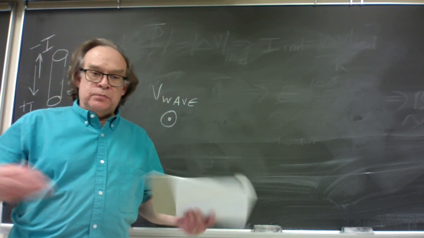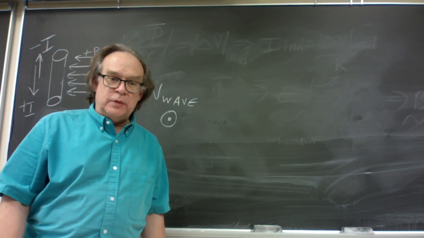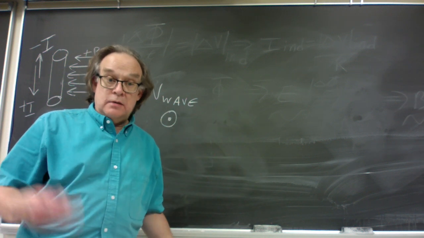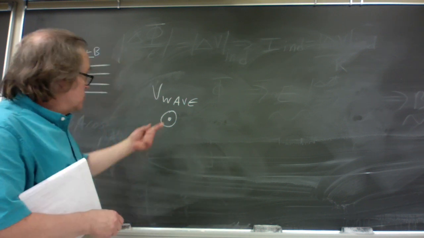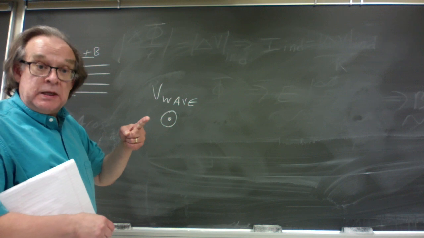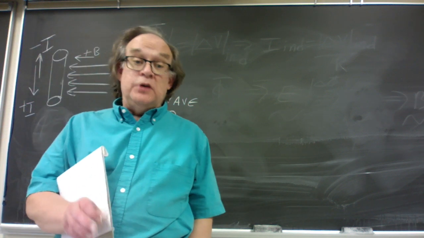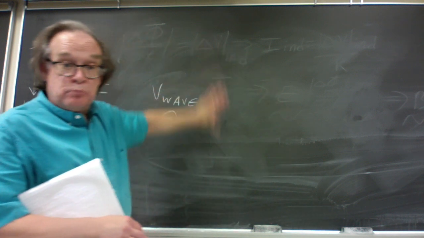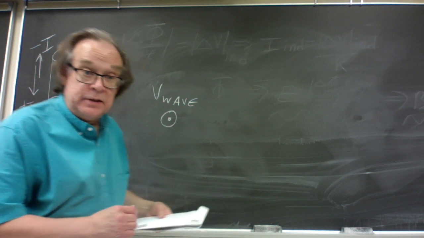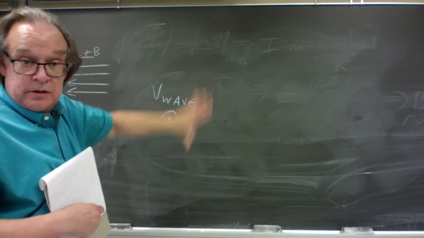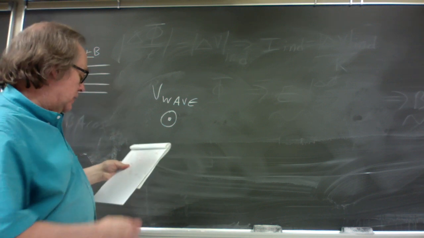The three important things that tell us about the electromagnetic wave, velocity, magnetic field, and electric field, are all perpendicular to each other. So the velocity being perpendicular to the plane of the blackboard means the electric and magnetic fields must both be in the blackboard plane, and they have to go like this, not just any directions in that plane.